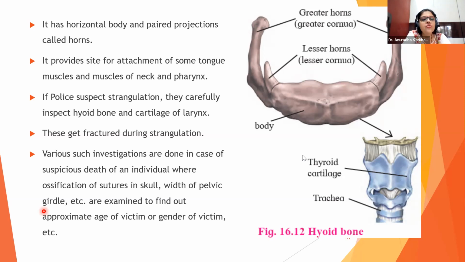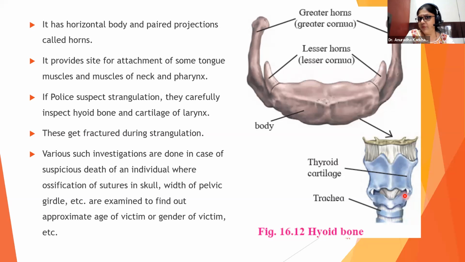Fine. So this hyoid bone is going to be of very great help, and it is going to be hanging. This is the way it looks. Dekho beta, lesser horns and greater horns, and here you can see. You remember this thyroid cartilage, cricoid cartilage.